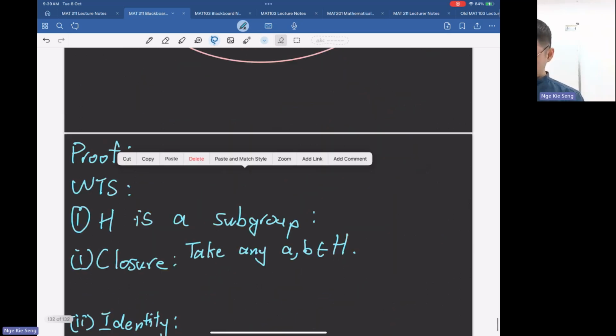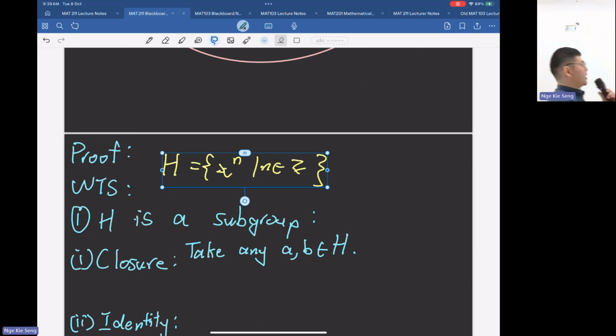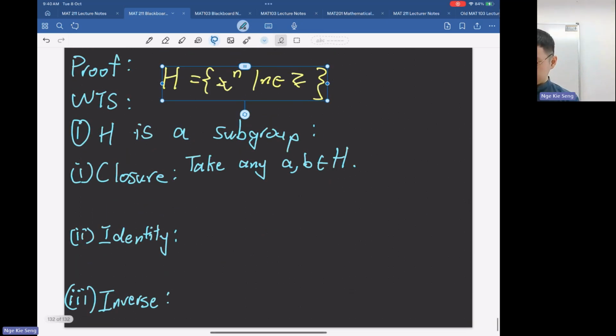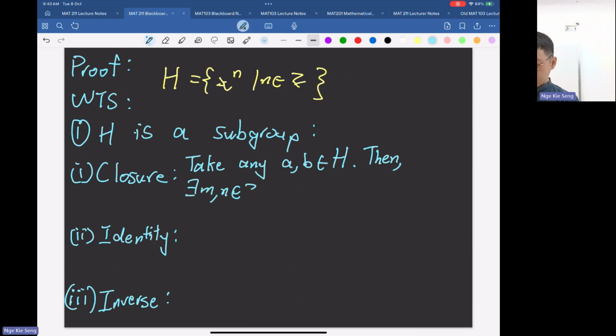What you know about any two elements inside here is that they are x to the power of something, where the exponent is an integer. So you can write out the form of this. Take any a and b in H, then there exist some m, n in Z such that a equals x to the m, and b equals x to the n.